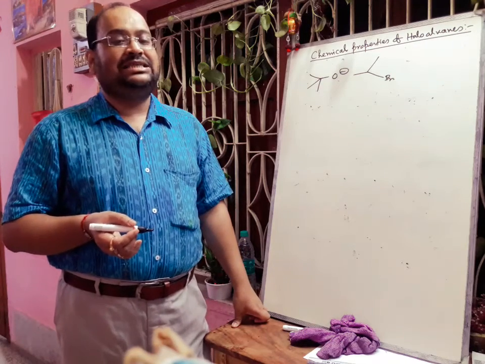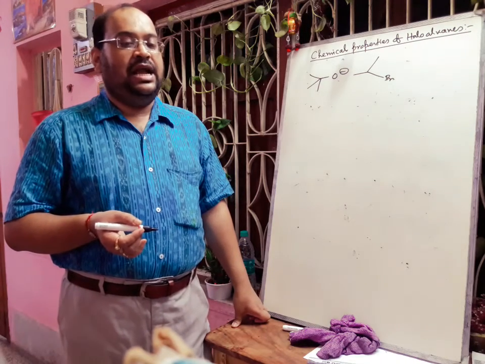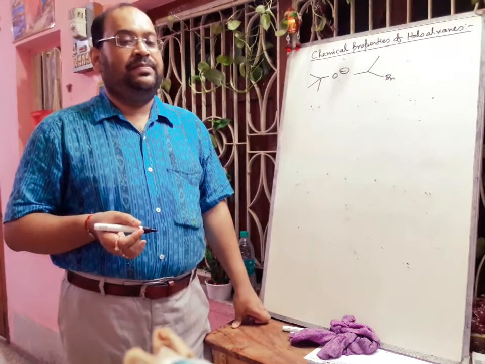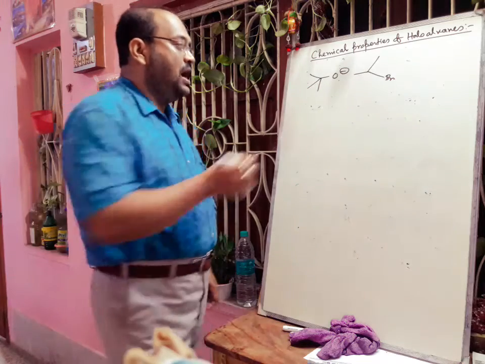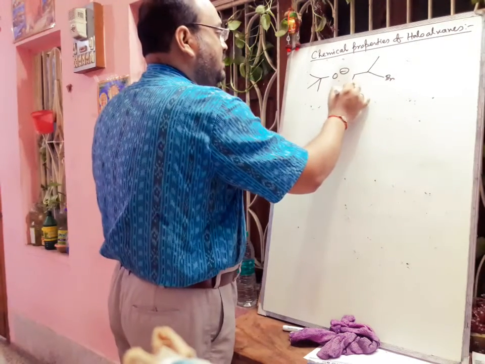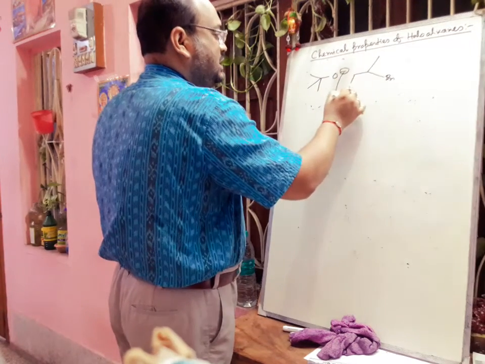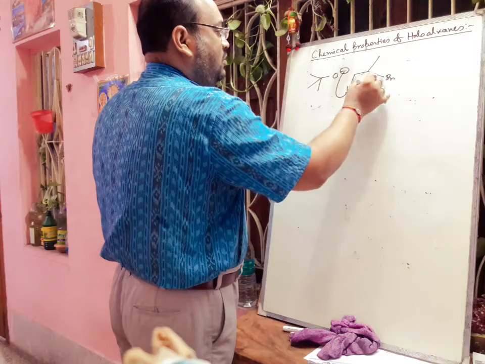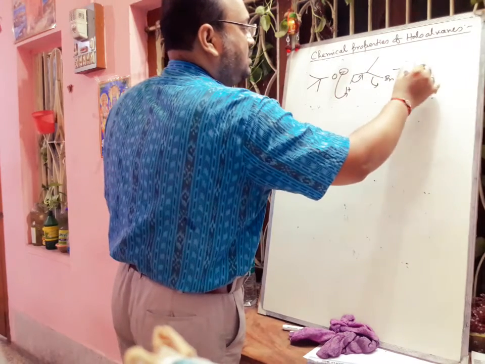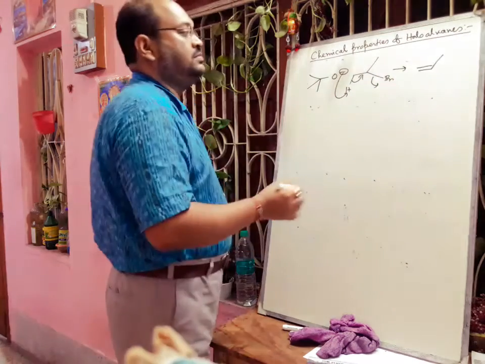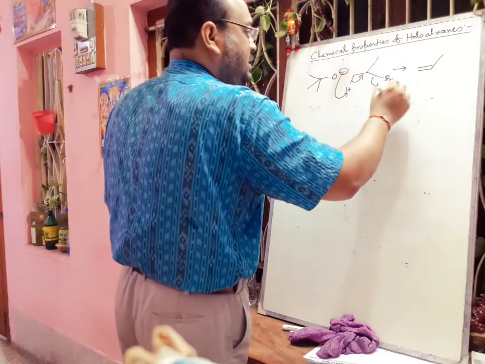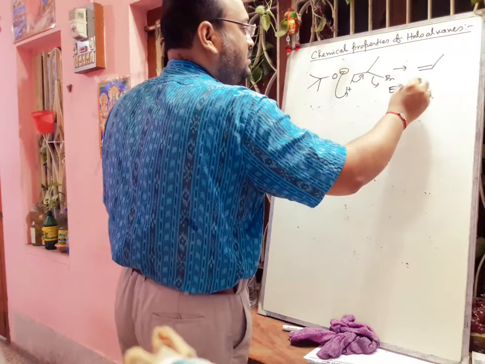Better it will act as a base and it will abstract the hydrogen, and there will be elimination reaction. So in this case it will abstract the proton and there will be formation of alkene. So this is elimination reaction.